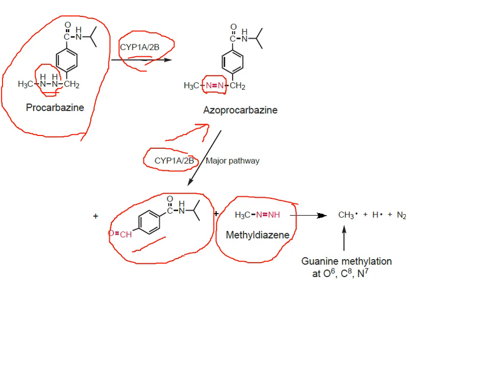benzaldehyde and methyl diazine. The methyl diazine, as you can see, is a compound that can easily degrade to its radical byproducts, and these are the radical byproducts produced: methyl radical, a proton radical, and nitrogen. And if you want me to draw the mechanism, I can do. You could ask or drop that question for me on Facebook or somewhere else, and I can draw the mechanism. So the most important thing that you should know is that there's a methyl radical being generated from methyl diazine, because methyl diazine spontaneously decomposes to nitrogen gas and then the methyl radical.